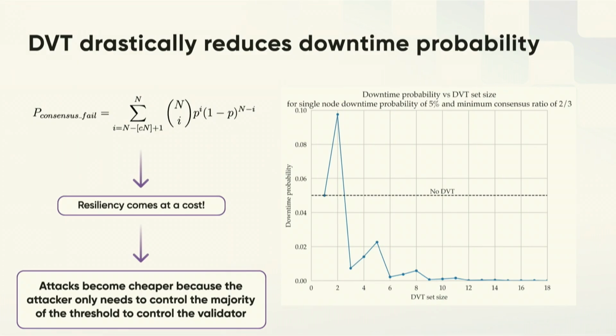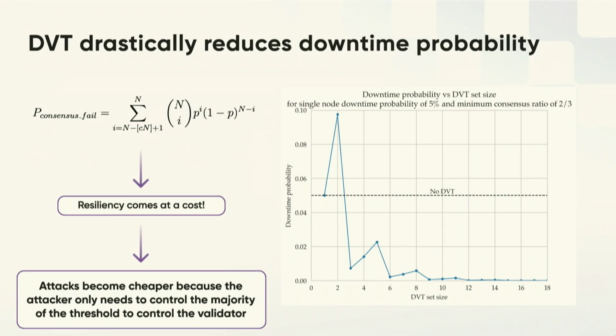So let's say you have a threshold signature like a multisig that is validating on behalf of a validator, then with DVT, you need only the majority of the group to validate on behalf of the validator. This means that you have a set, and you have to very carefully choose the size of that set. And we can see how the bigger the set, the higher the resiliency, because you have to have downtime in more nodes to have the validator detected as down.